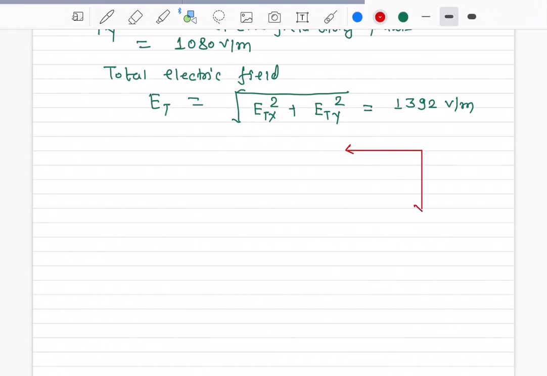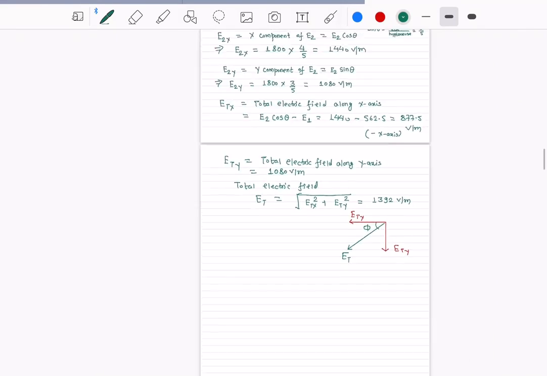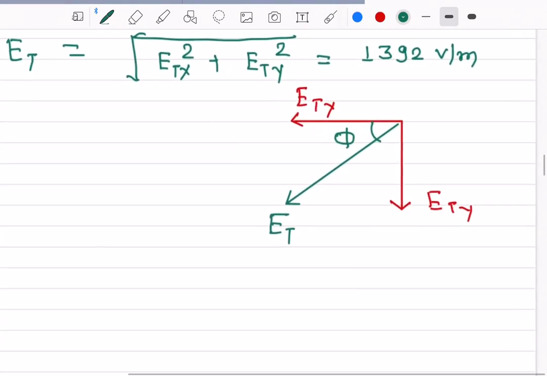And again, we also can calculate the angle as well. Let me explain this one too. Let's say we're calling this the E total X component, and this is the electric field Y component. So the total electric field will be at some other angle, this angle. Look at this, this will be the total electric field.